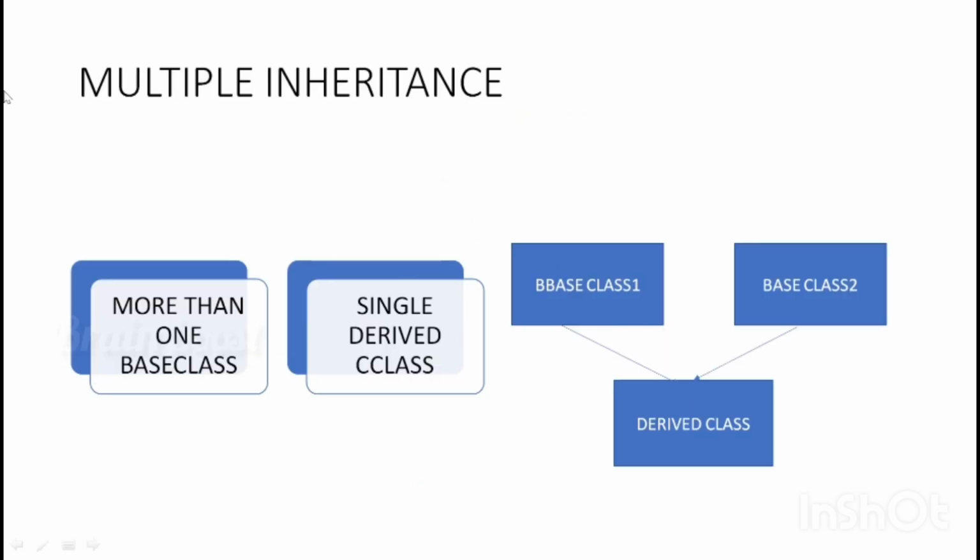Next is multiple inheritance. Multiple inheritance means more than one base class and a single derived class. Here is base class 1 and base class 2, more than one base class, and then one derived class. This is multiple inheritance.